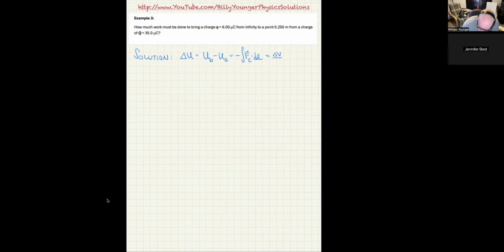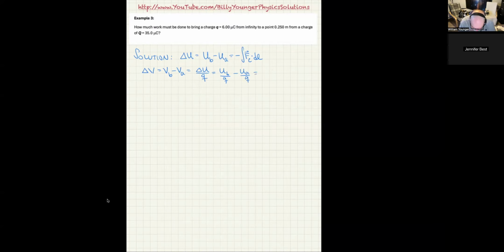I don't want to write it this way. So we've got that expression. But what we're going to do is say delta V is equal to VB minus VA, where again, final minus initial. And we're going to find that to be delta U over Q, which equals UB over Q minus UA over Q, which of course equals VB minus VA.